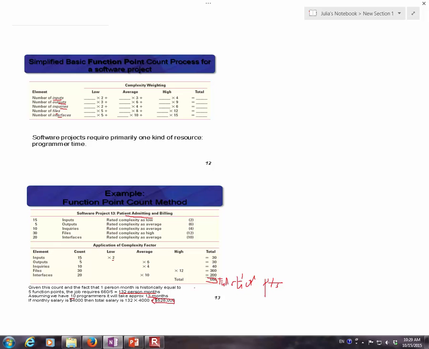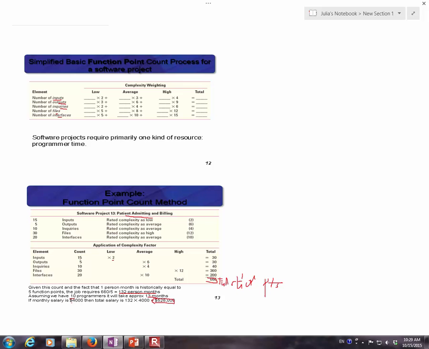So if this project requires 660 function points, 660 divided by 5, the project will require 132 person-months. If we have 10 programmers working on this project, we use 132 divided by 10, and the project will take 13 months.